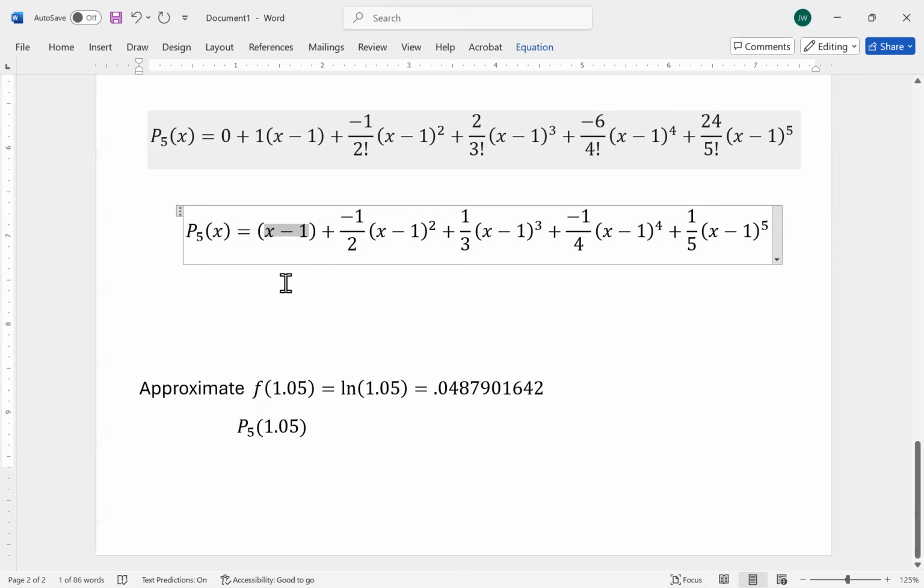So we have 0.05 minus 1/2 times 0.05 squared, plus 1/3 times 0.05 to the third power, minus 1/4 times 0.05 to the fourth power, and then plus 1/5 times 0.05 to the fifth power.